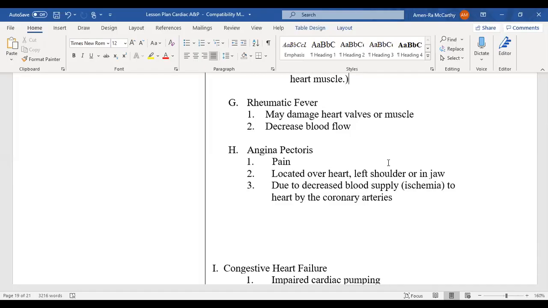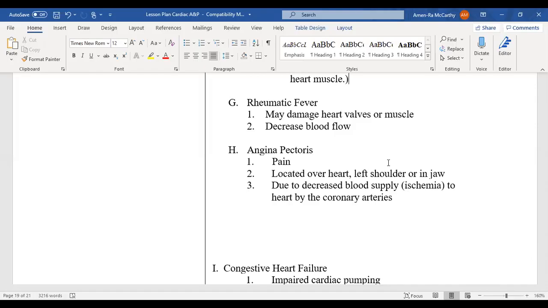And it can decrease the blood flow. If the valve is all jacked up, the blood has to go through those valves in order to get to those chambers. So if the valves are inflamed, then decreased blood can get through. What if I have rheumatic fever and my pulmonary valve now is inflamed and swollen? Now blood can't get through there. So you're going to have a decrease in blood flow if I have rheumatic fever causing inflammation of one of my valves, either my tricuspid, my bicuspid, my pulmonary, or my aortic valve.